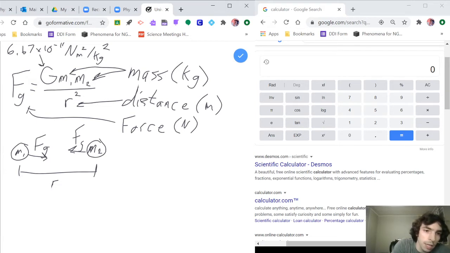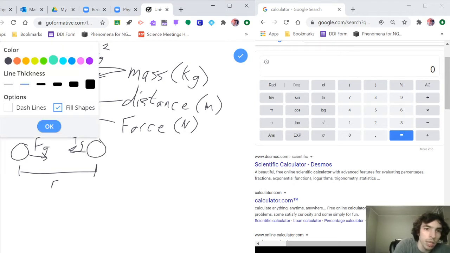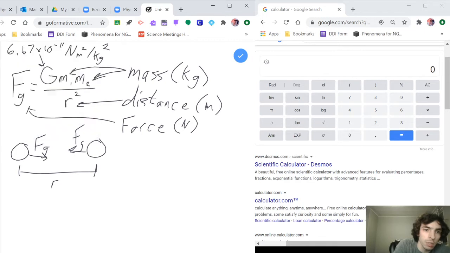Okay, let's put some numbers into this diagram. Let's say the mass of M1 is 3,000 kilograms.